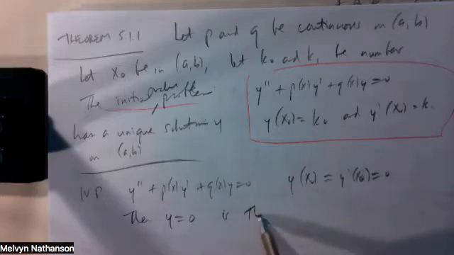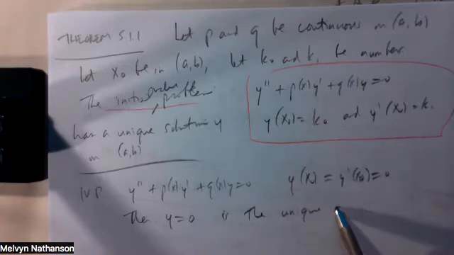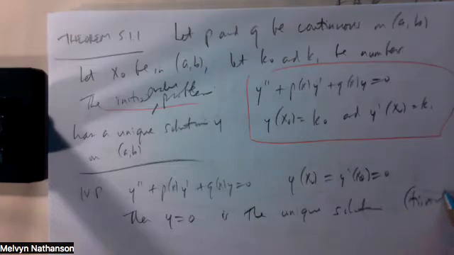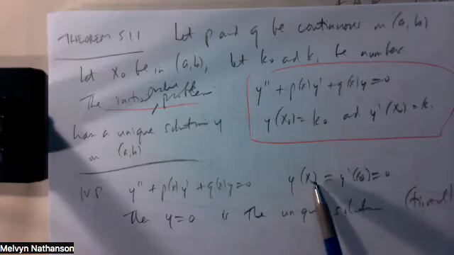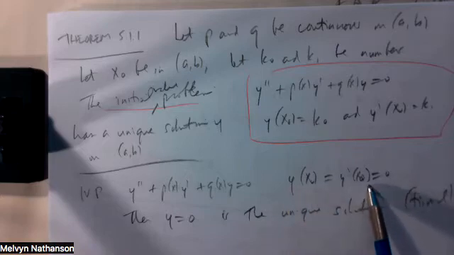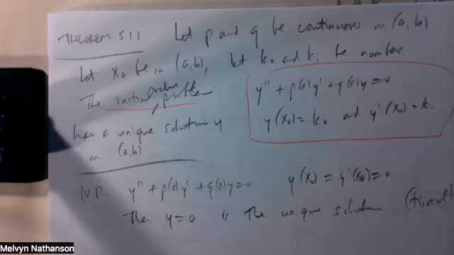So this is in fact the unique solution, because this is a solution, and this is the only one. So this is sort of the trivial case, right? If you want to solve this equation when the function y is 0 at x naught and whose derivative is also 0 at x naught, y equals 0 is the only solution. Okay. So let's look at some examples.